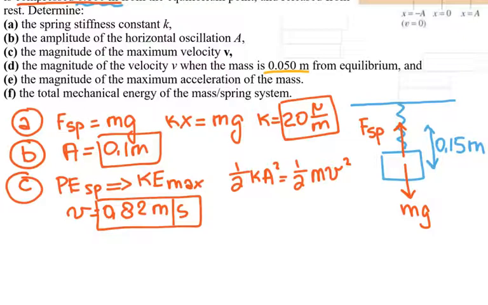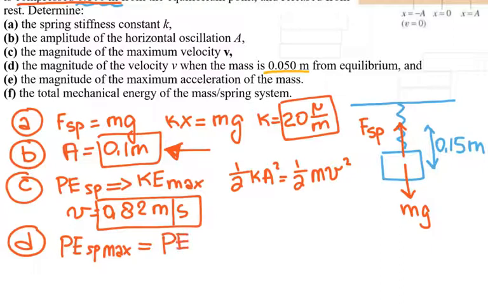So for D, I have the maximum potential energy of the spring with the maximum displacement A, which is equal to still some potential energy, because in this case the mass is still displaced by some distance 0.05 of the spring, plus the kinetic energy of the block.